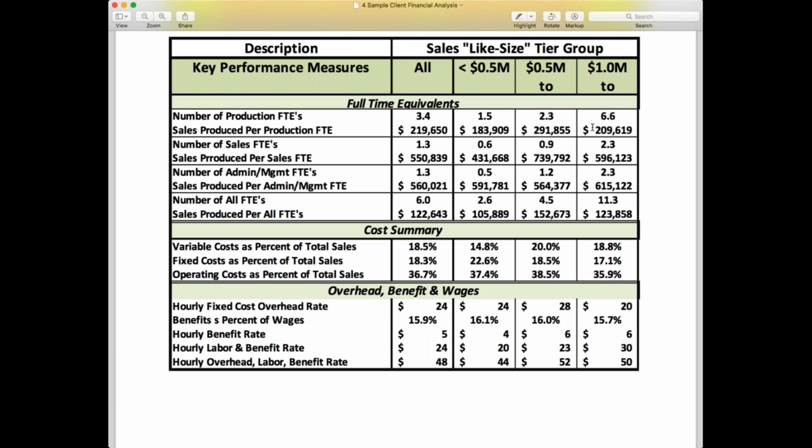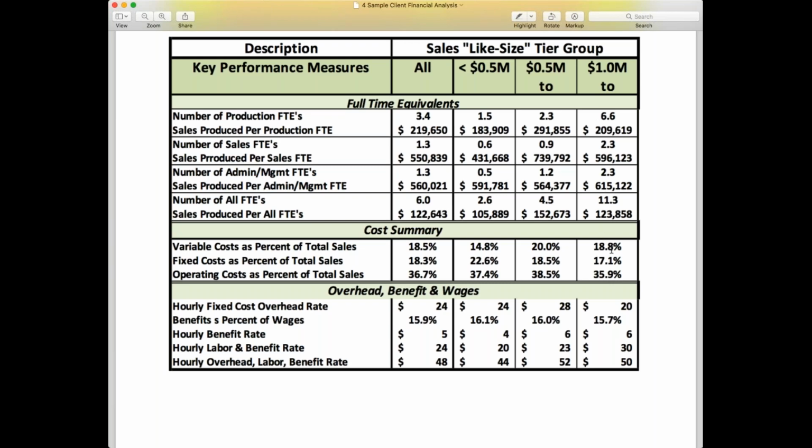This number here, the 209, says that each FTE is essentially producing or processing $209,000 of sales. The sales, 2.3 of them, they're producing about double that, 596,000. The administrative side and overall, together they have 11.3 FTEs, and on average they're pumping 124,000 per FTE out the door.